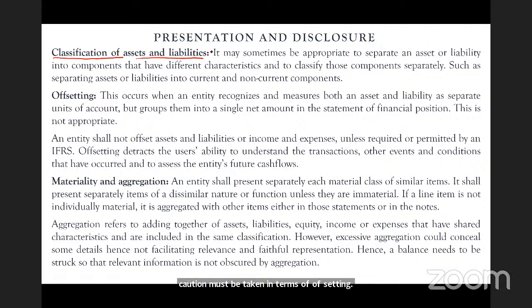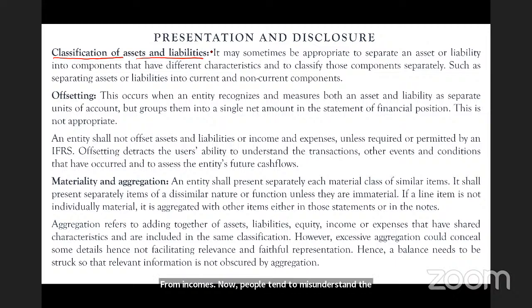So, first of all, liabilities shall not be offset from assets. And the same, even expenses shall not be offset from incomes. Now, people tend to misunderstand the concept of offsetting in the financial statements.